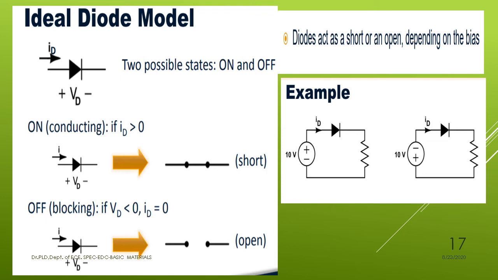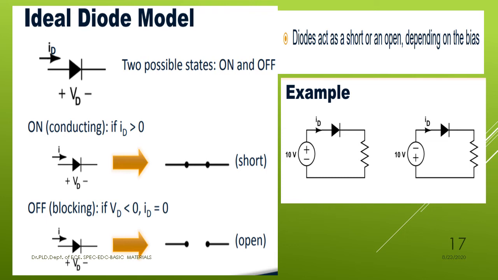Then ID is equal to 0, because current always flows in a closed loop. Whenever the closed loop breaks due to the non-conducting diode in a circuit, it acts as an open switch. It won't allow any current to pass through it. Ideally speaking, ID is equal to 0, but practically speaking, a reverse saturation current flows through it, which is very negligible.